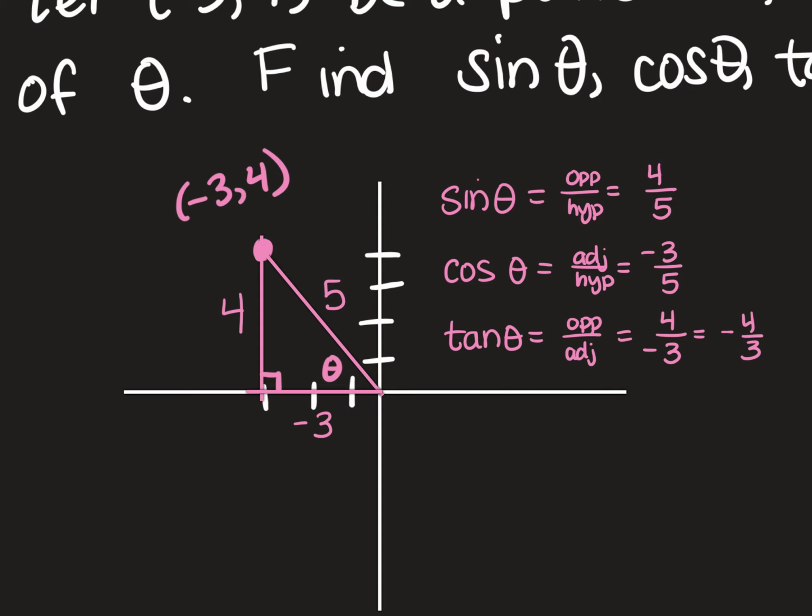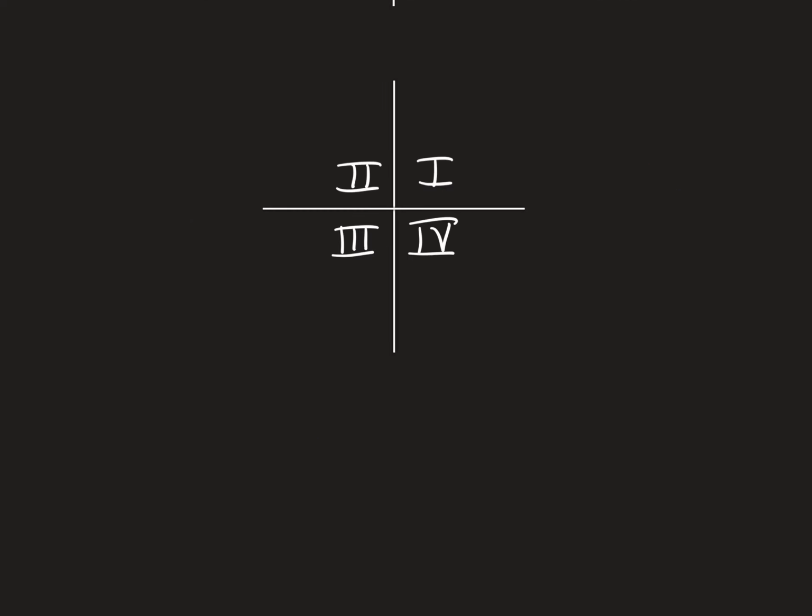Okay, so this brings up a really good question, and that's how do we know when something is going to be negative or positive when we're dealing with our coordinate plane? So let's think about this in terms of we have 4 quadrants on our coordinate plane. There's a little saying that a lot of calculus kids you'll hear them saying, and it's all students take calculus.